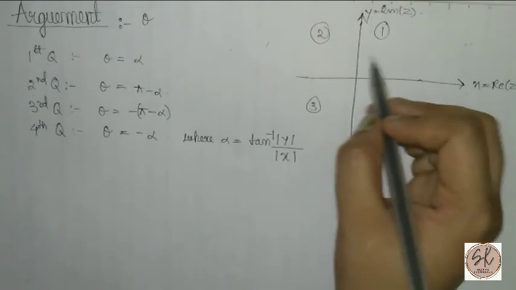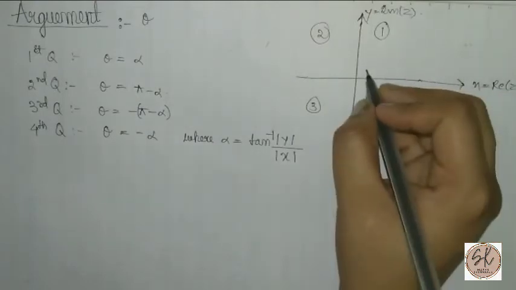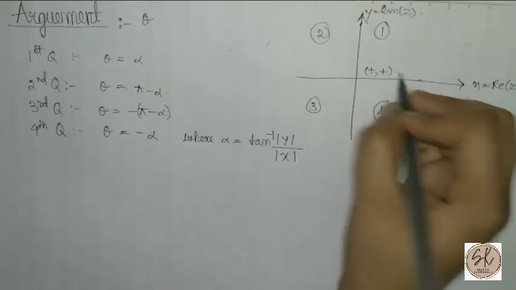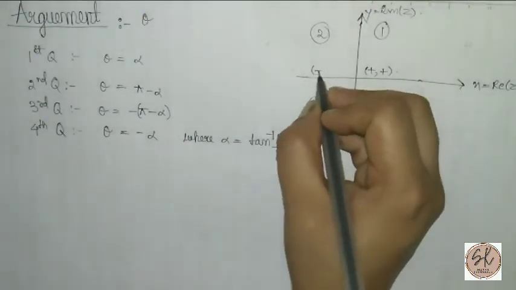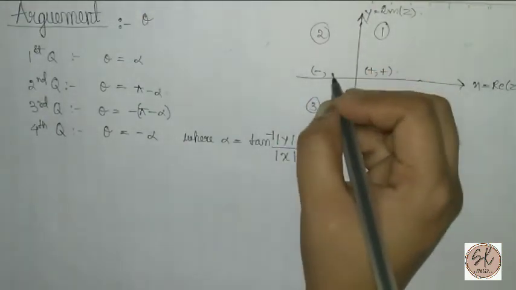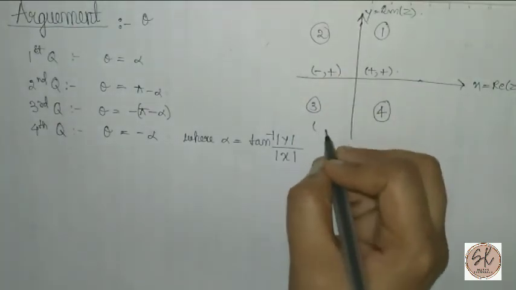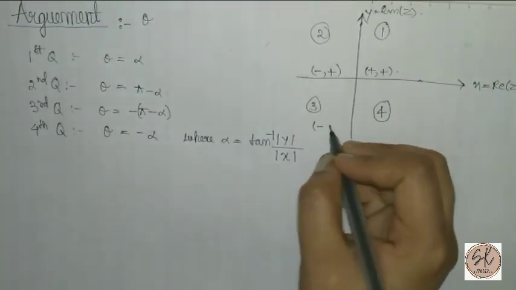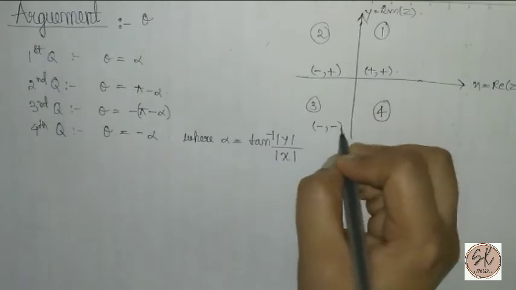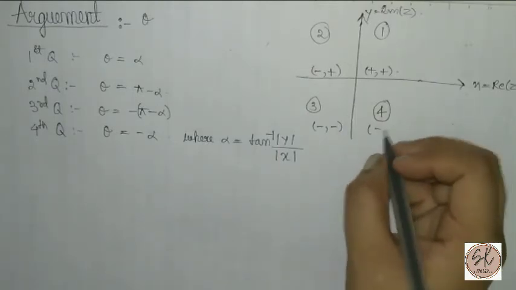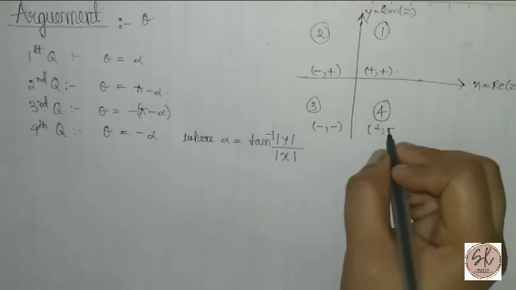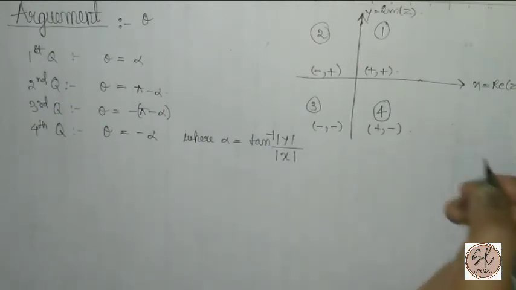Here both x and y are positive, that is, you can denote plus plus. Here the real part is negative and the imaginary part is positive. Here the real and imaginary parts are both negative, and here the real part is positive and the imaginary part is negative.